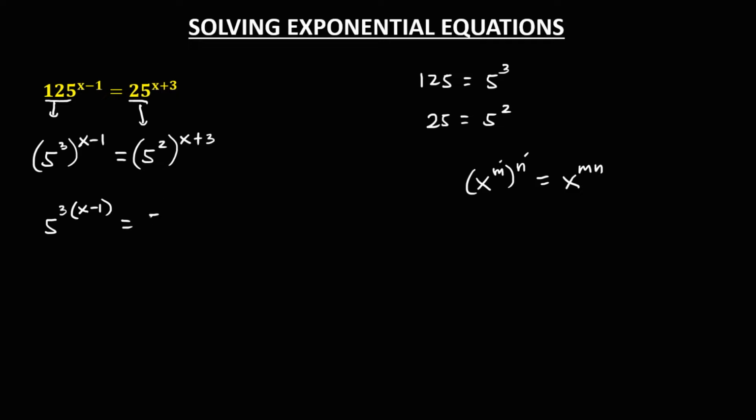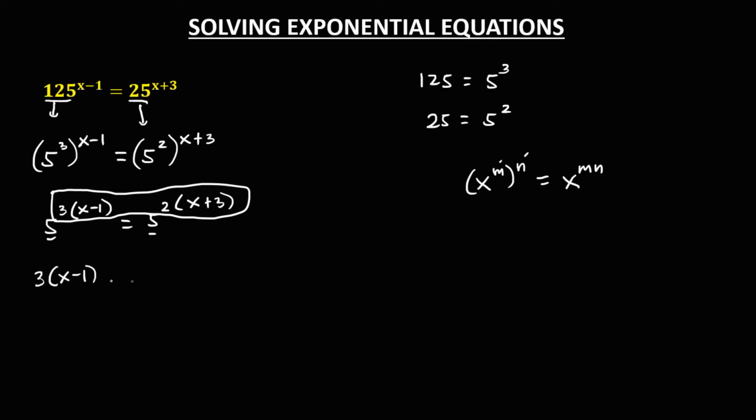Then equals 5 to the power 2 times x plus 3. Since we have now the same base, so we can equate now these two exponents. So that's 3 times x minus 1, then equals 2 times x plus 3.